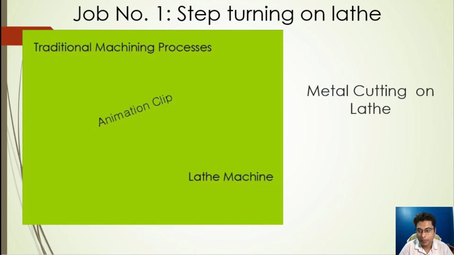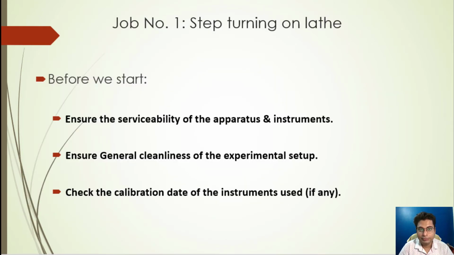Now, before we start our job, first we need to ensure the serviceability of the apparatus and the instruments. We need to check whether the machine tool is performing as per our expectations. We need to give a dry run to the machine tool to check its serviceability.